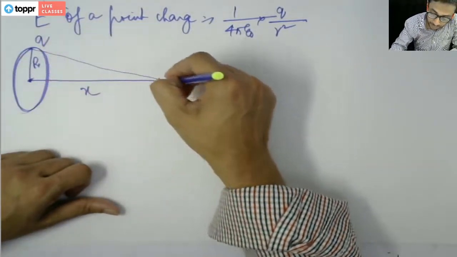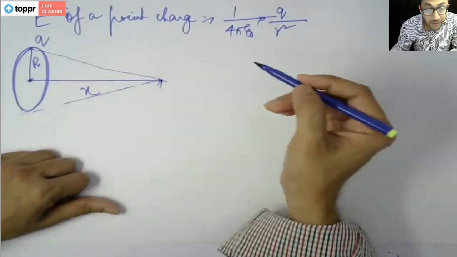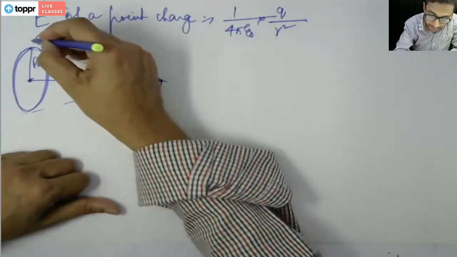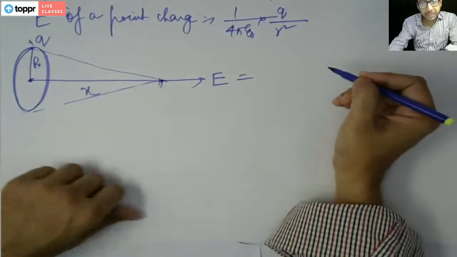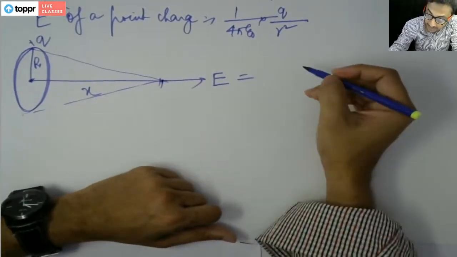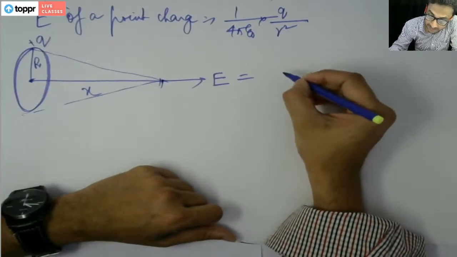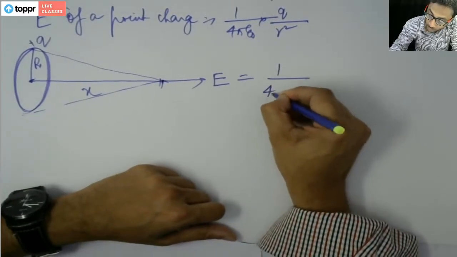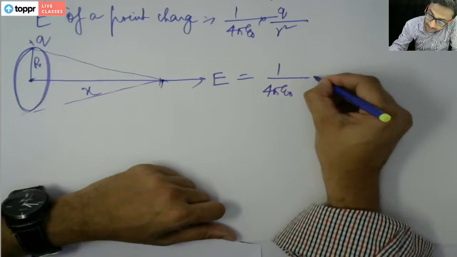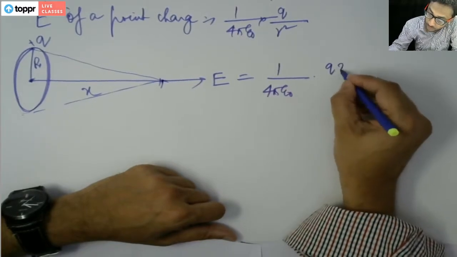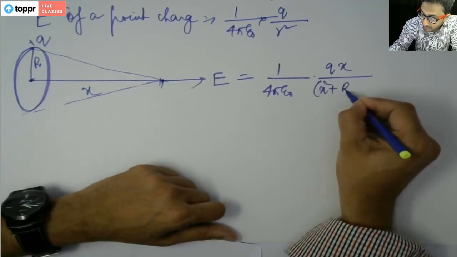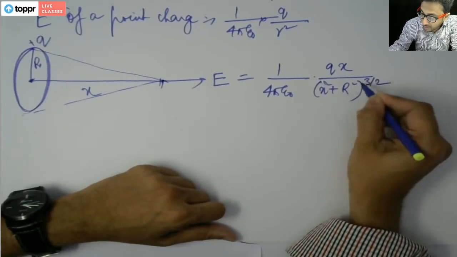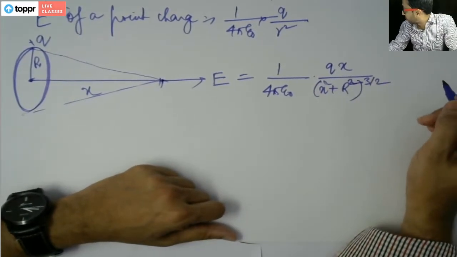Now what will be the electrostatic field? If it is plus, the electrostatic field E can be given as 1 by 4 pi epsilon 0 Qx by (x square plus r square) raised to 3 by 2.